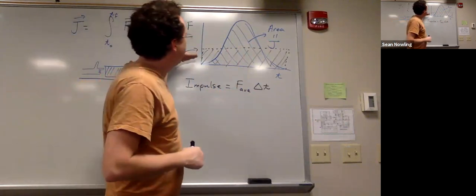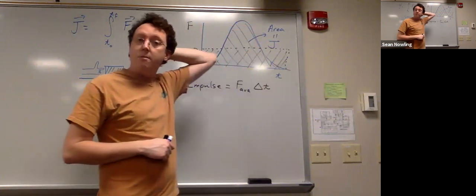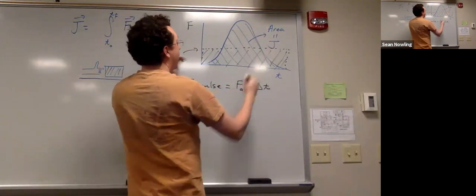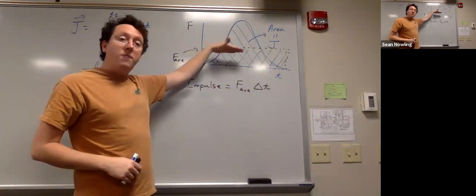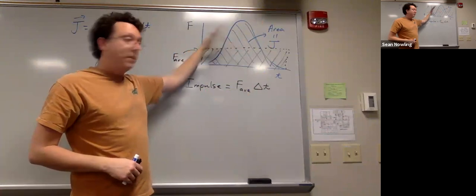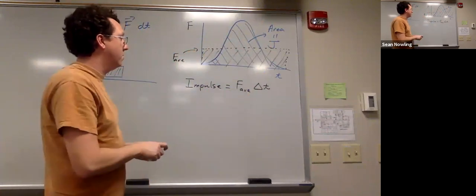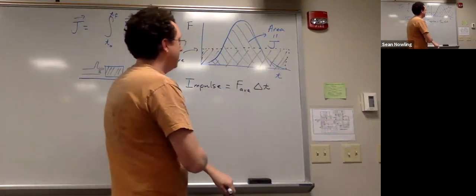So even if the true force has a complicated form, if you know how long it interacts, you can estimate an average value of the force and calculate the impulse from that. Okay, so those are a couple ways to think about impulse.